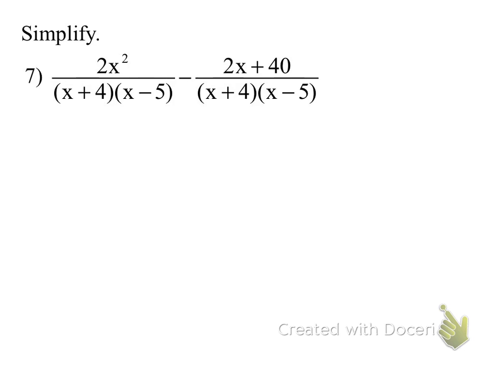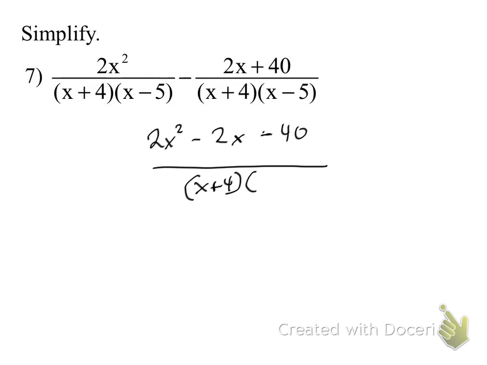All right, let's check our work. 2x squared minus 2x minus 40. Did you get that? All over x plus 4 times x minus 5. All right, what do you guys think the next step is? GCF, a 2.